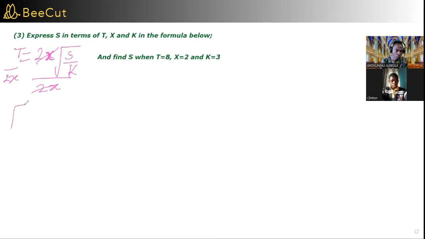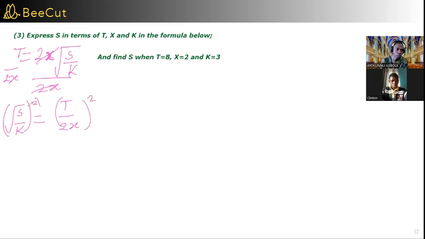Then I have square root of s over k equal to t all over 2x. Now, s is not yet standing alone. I still have to deal with the root first. That means I will square both sides so that the root can go away.